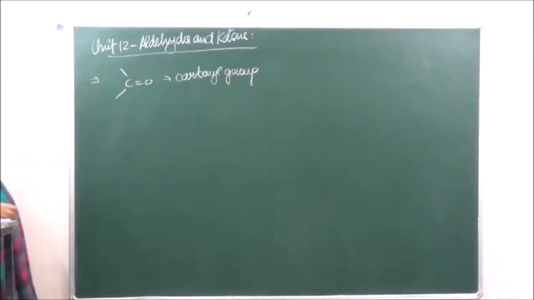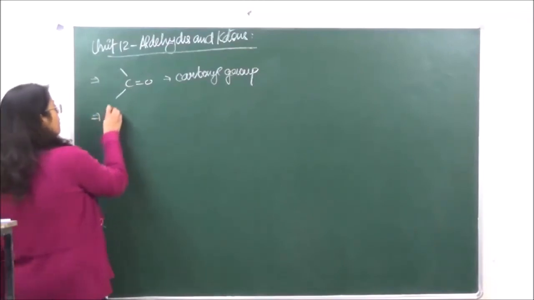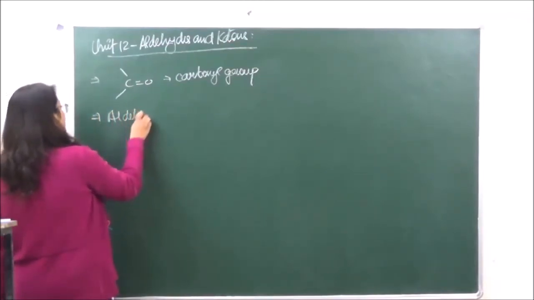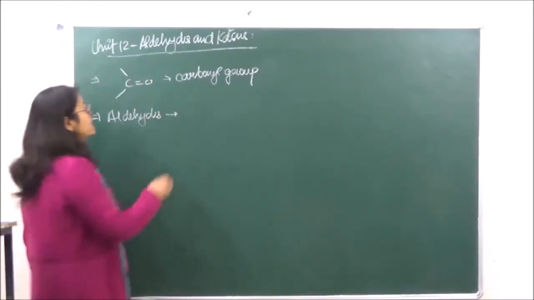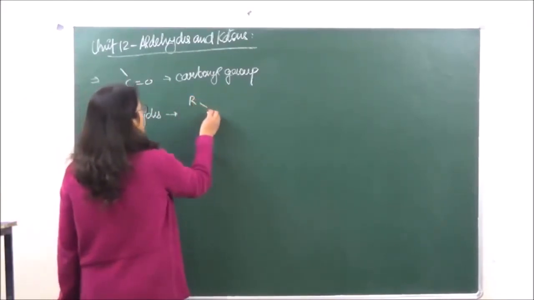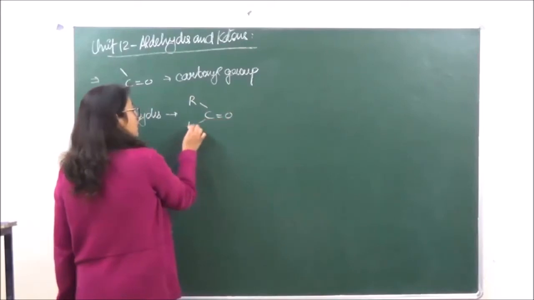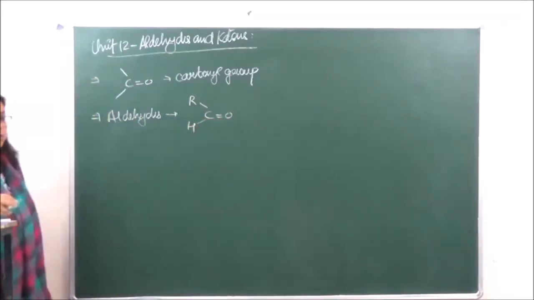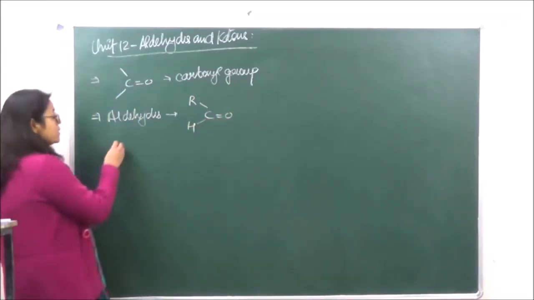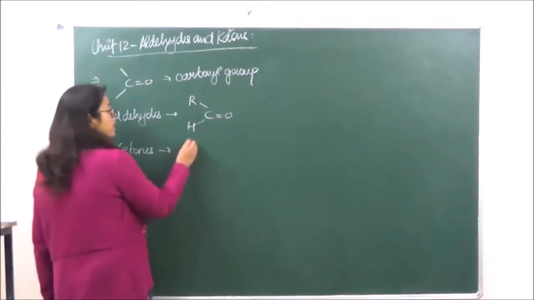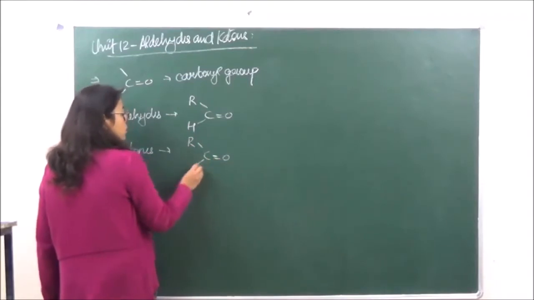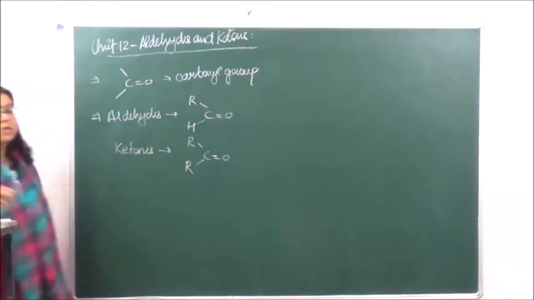In case of aldehydes, it is seen that there is one alkyl group which is attached to the carbonyl group, and in case of ketones, there are two alkyl groups which are attached to the carbon atom.